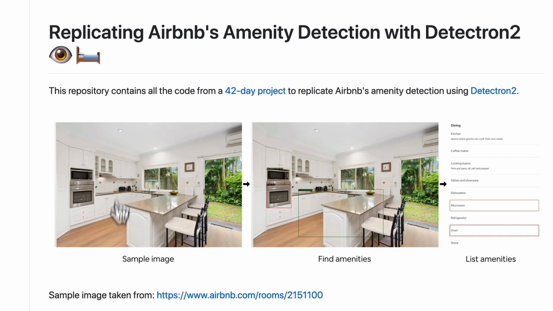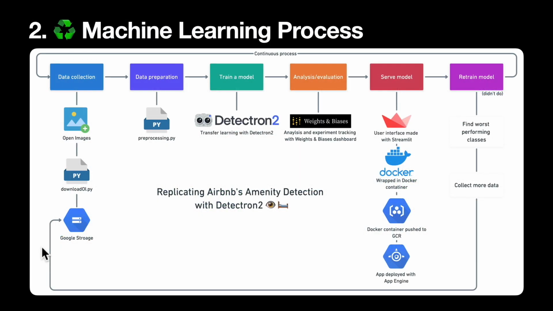You're Airbnb and you want to find out what amenities, aka an oven or a kettle or a sink or a bench or an air conditioner, are in your listings. One way to do it is to use computer vision to analyze each of the photos as someone uploads them to your platform, scan for different things in there, and then add it to your list of amenities. So if we come back to the presentation, that's what I did.